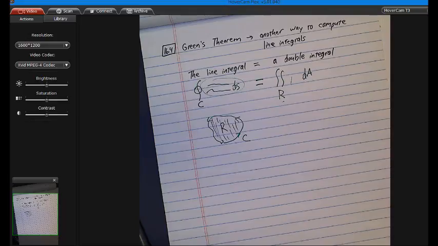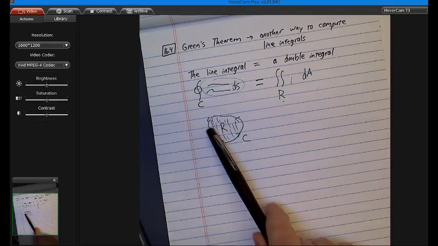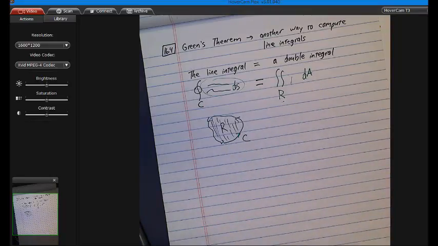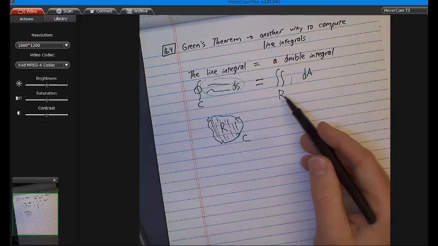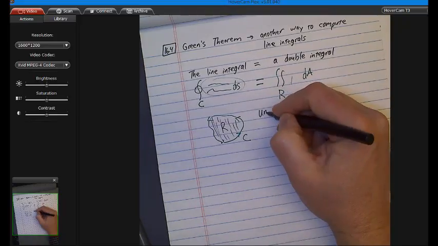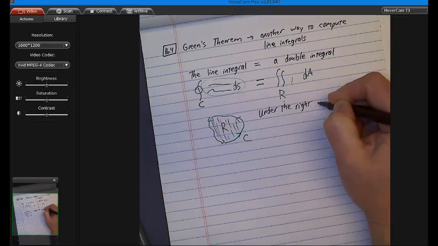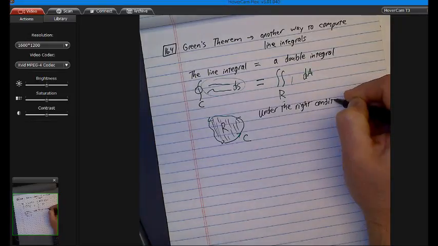And it's really beautiful that somehow the value of this line integral is the same as the value of that double integral, under the right conditions. And that's what we have to get at today.